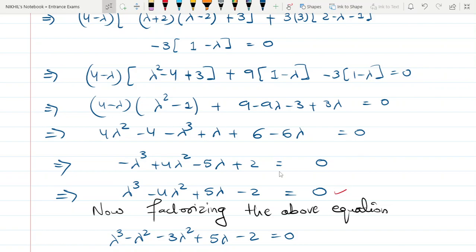That is a very standard result which we have learned from our elementary classes. So if you substitute lambda equal to 1, it satisfies this equation. And from this observation, it's quite easy for me to factorize this equation. Since lambda equal to 1 is a root of the equation, lambda minus 1 will be a factor.